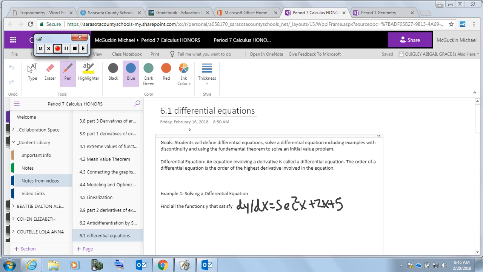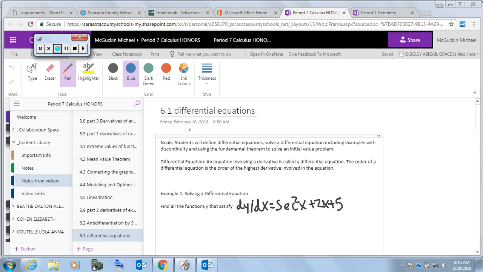So, remember, this is the derivative, and it's basically asking us, what was the function y that you took the derivative of with respect to x that's going to satisfy a derivative that equals what you see on the screen right now?